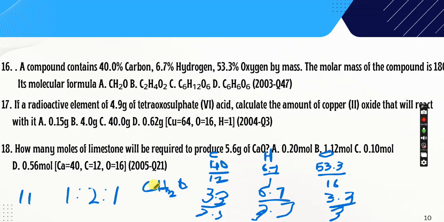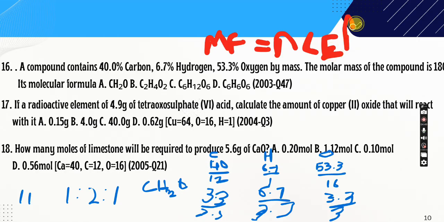The empirical mass will now be 12 plus 2 plus 16, and that will give us 30. As we already know, the molecular mass is equal to N into bracket empirical mass.